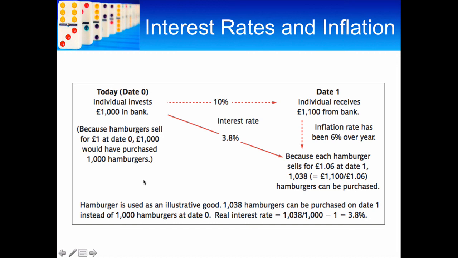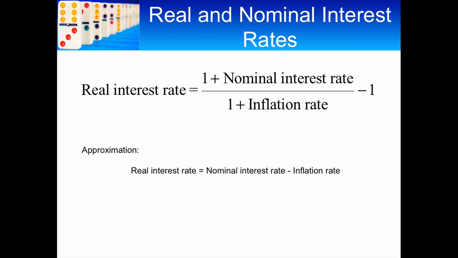So if we look at an example, let's focus on the rates first. You have a real interest rate of 3.8% and inflation is 6%. If we were to use the back of the envelope calculation, where the real interest rate is equal to the nominal interest rate minus the inflation rate, then given that we've got the inflation rate of 6% and the real interest rate of 3.8%, that would give us a nominal interest rate of 9.8%.